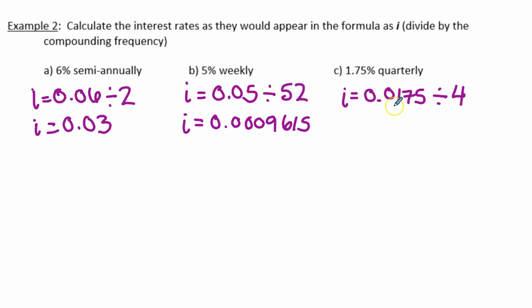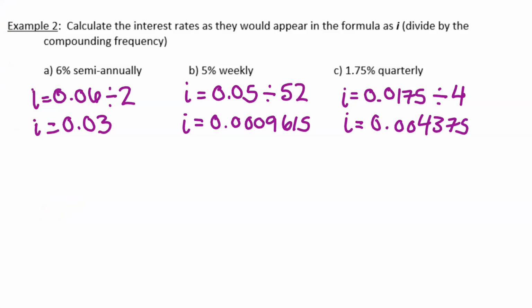So quarterly is 4. Our I is equal to 0.004375. Okay. So you'll always have to calculate your N and your I before you go to the equation.